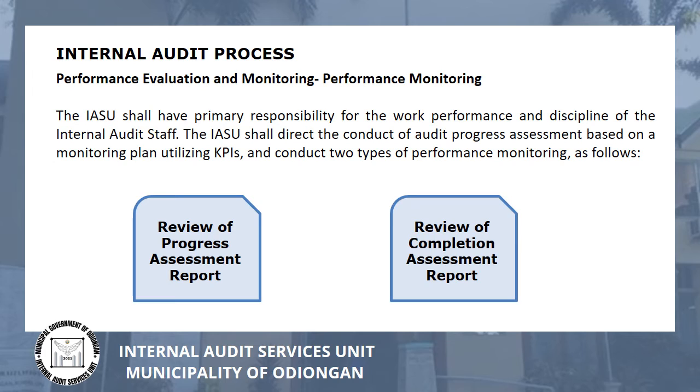Findings and recommendations promote the adequacy of internal control pursuant to DBM rules and regulations. High standards of ethics and efficiency of public officials and employees are observed pursuant to CSC rules and regulations. The completion assessment report shall be subject to the approval of the IAS head. The audit team leader shall ensure that audit engagements are assessed at the conclusion of the activity.